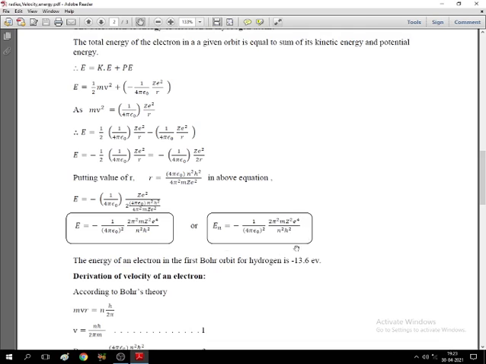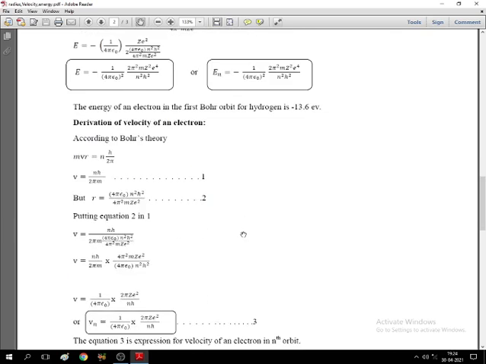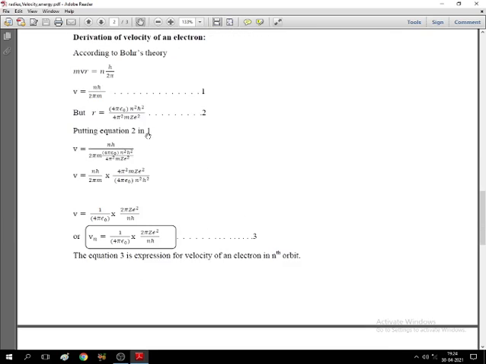And in the first Bohr orbit, the energy of electron for hydrogen is minus 13.6 electron volt. In this way here we derive the equation for energy of an electron in the first Bohr's orbit of hydrogen. Then next derivation is the derivation of velocity of electron.